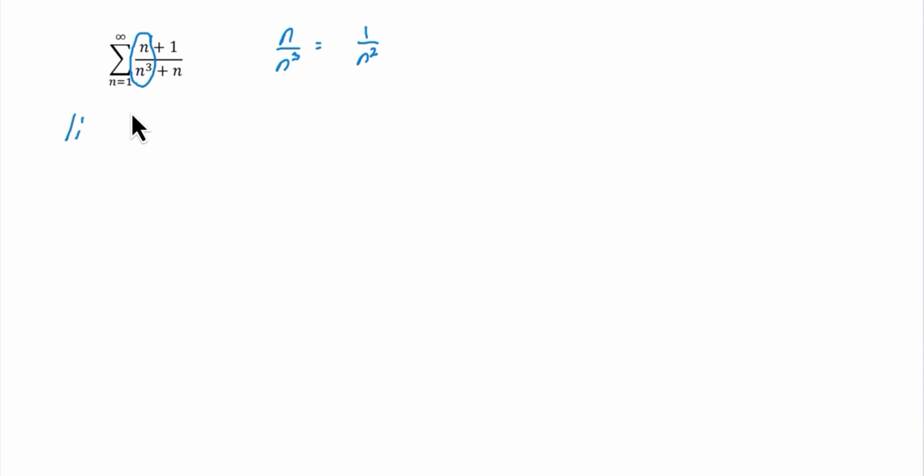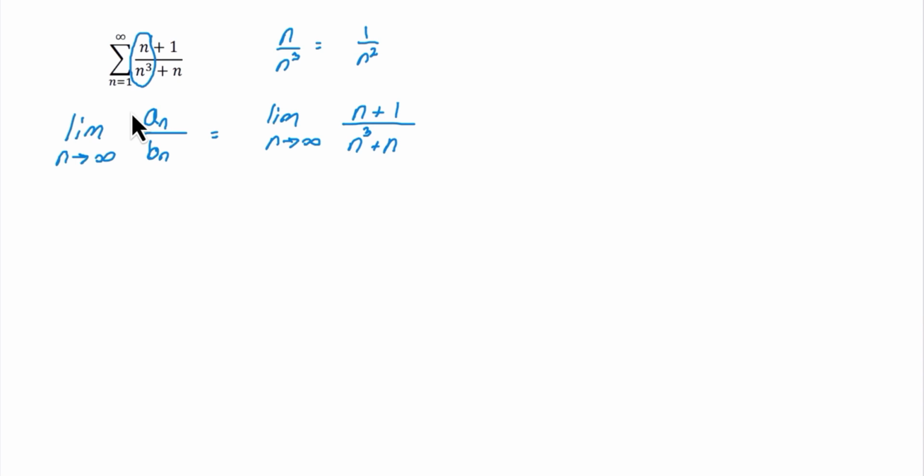So we'll use the limit again as n approaches infinity of a sub n divided by b sub n. Let's just copy the limit. A sub n is the initial series that we're looking at.